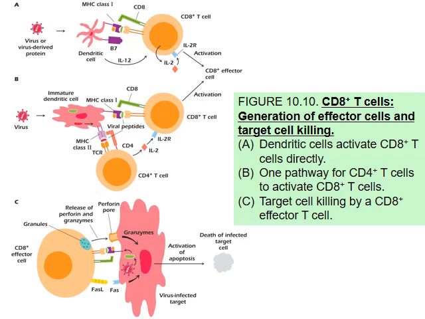Okay, and finally, if there is, for example, in this case, a virus-infected target. So this target is virus-infected, and then there are these receptors expressed. One of the receptors, of course, will be a receptor MHC class 1, you can see from here.